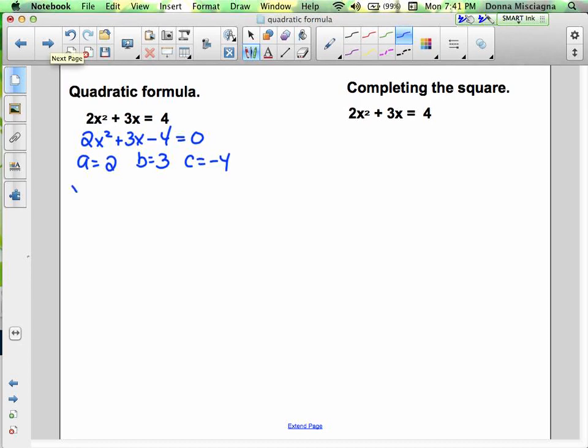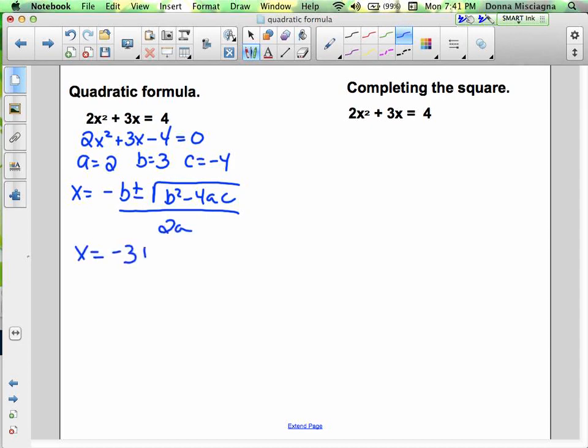So x equals negative b plus or minus the square root of b squared minus 4ac, all divided by 2a. So we have x equals negative 3 plus or minus the square root of 3 squared minus 4 times 2 times negative 4, divided by 2 times 2.